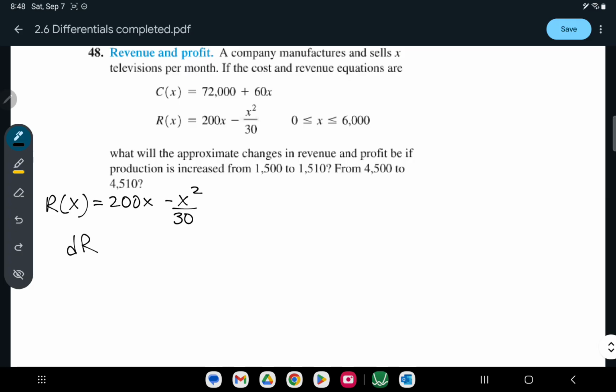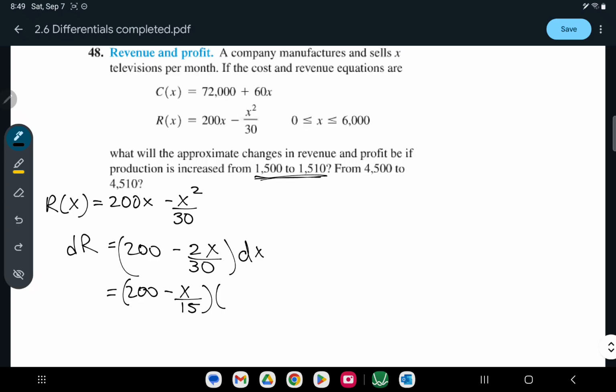I guess we could say dR for the derivative of the revenue. That's (200 minus 2x) over 30 times the change in x. So we would have 200 minus x over 15 times the change.